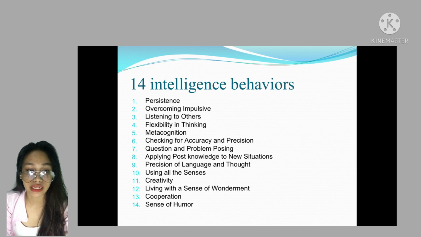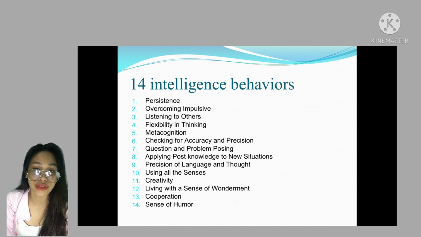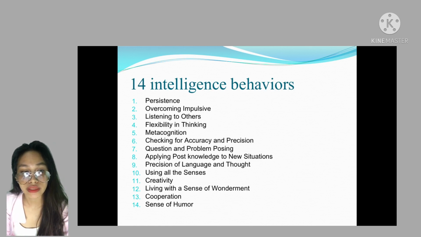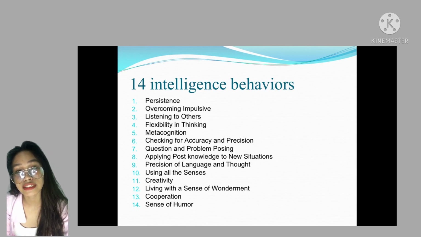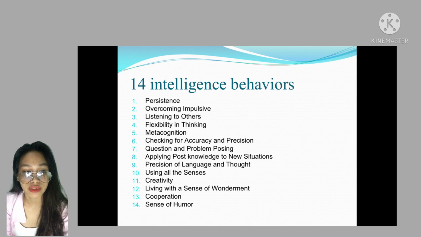Behavior is defined as the manner in which a person conducts himself or herself in various circumstances. When a person is behaving intelligently, he or she manifests the 14 behaviors of this composition.